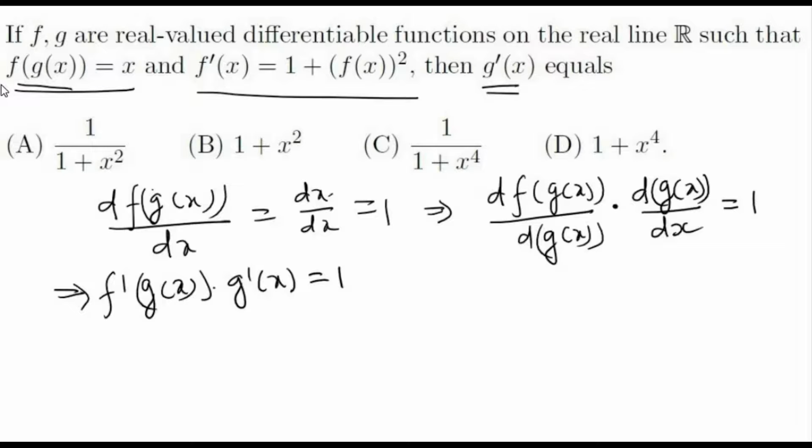Here it is given that f prime of x is this much, so we can substitute g of x instead of x. What are we going to get?